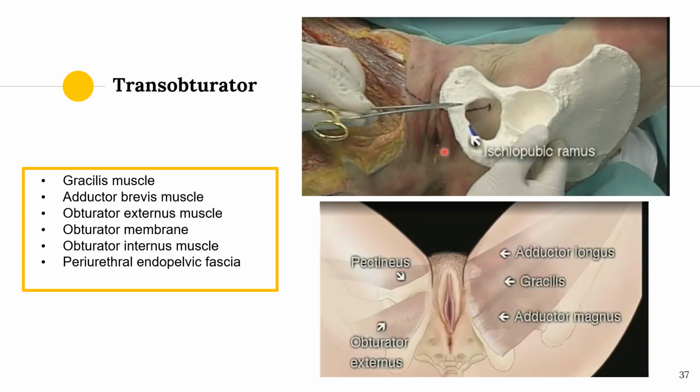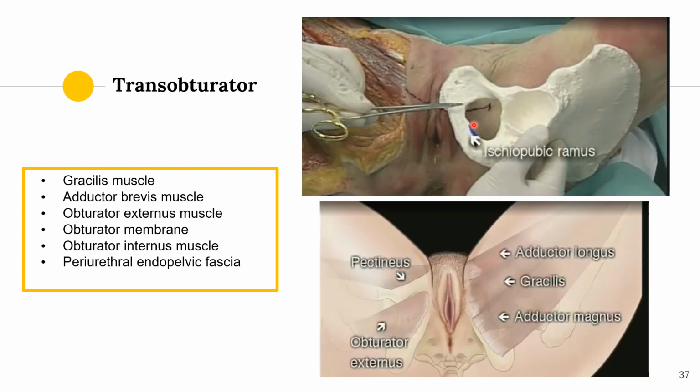We dissect the vaginal epithelium away from the endopelvic fascia, creating a tunnel directed to the ischiopubic rami. So we make an incision, we dissect the epithelium away, we create a tunnel or a flap directing towards the ischiopubic rami.